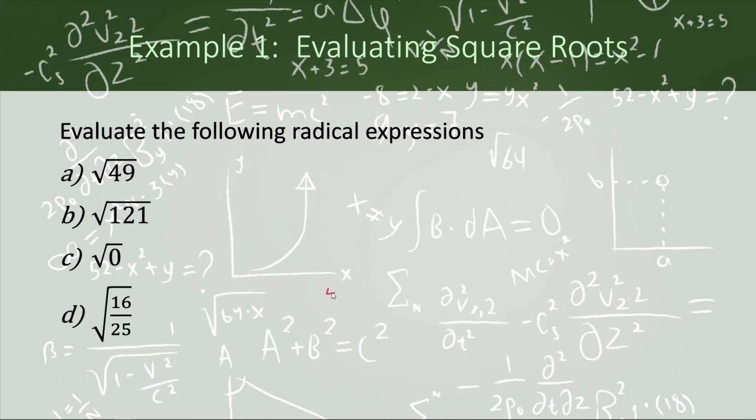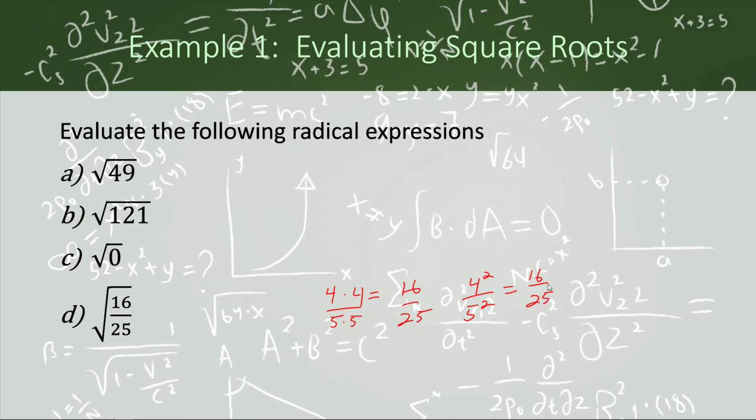So we know that 4 times 4 is equal to 16. And also, 5 times 5 is equal to 25. Well, that tells us that 4 squared divided by 5 squared is equal to 16 over 25.